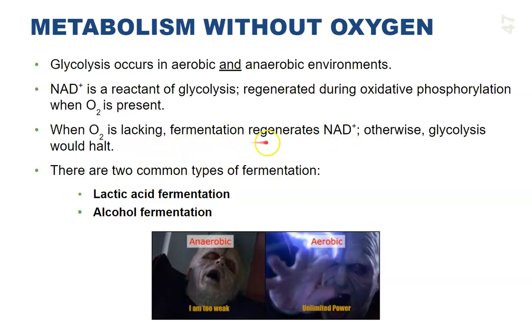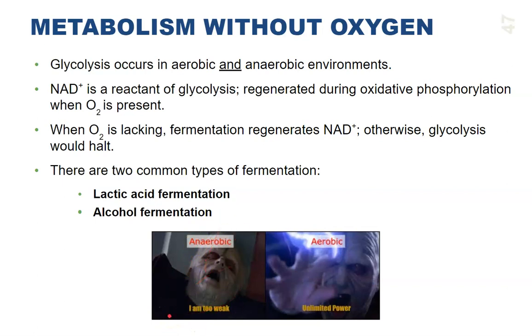So fermentation will take those electrons off of NADH and create NAD. So there's 2 types of fermentation. There's lactic acid fermentation and alcoholic fermentation. And I do want to point out again that anaerobic respiration, which is respiration without oxygen, so glycolysis and fermentation, is not that powerful.